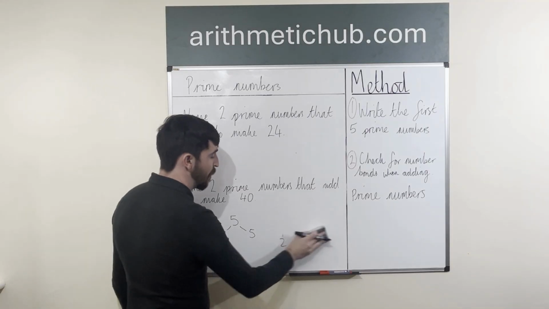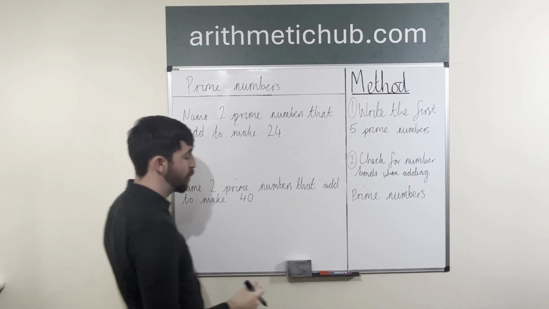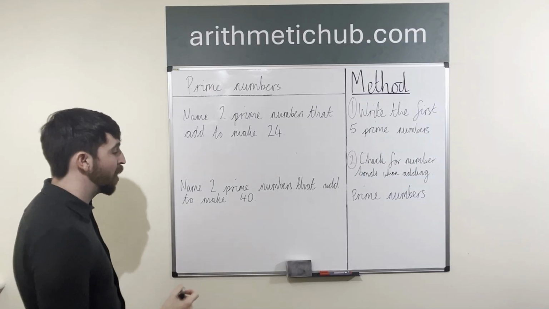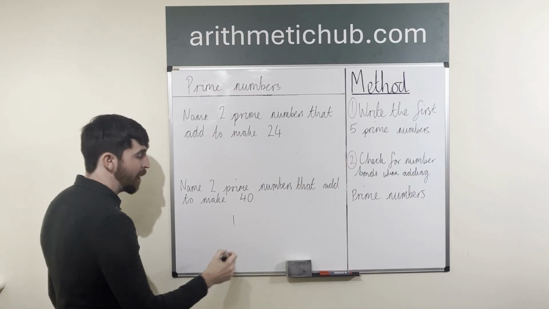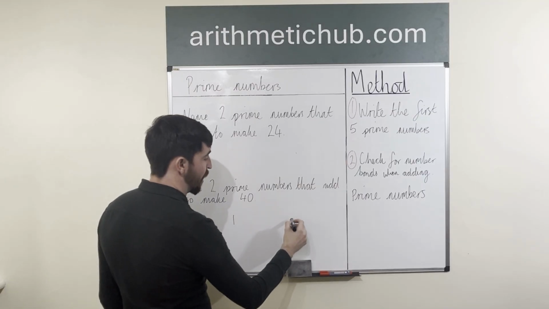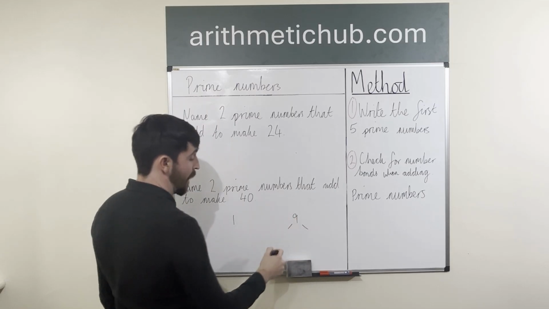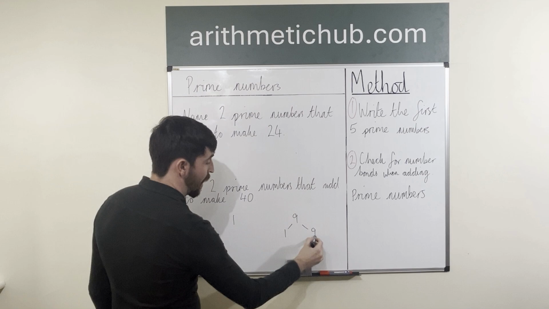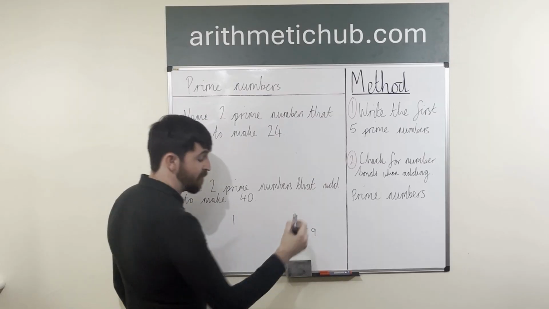One that's really worth mentioning here, because when we're writing out our first 5 prime numbers, it's what we don't want to write down. 1 isn't a prime number, because remember, when we looked at, say for example, 9, we said that 9 has the factors 1 and 9, but it also has 3 times 3, so you would write 3 there like that.